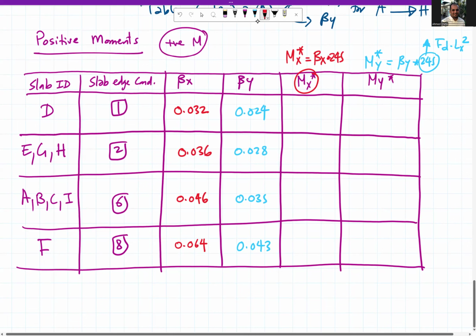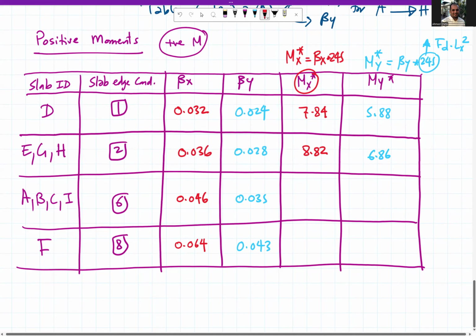So the values will be, for number 1, 7.84 and 5.88. For number 2, we have 8.82, and for my, it is 6.86.